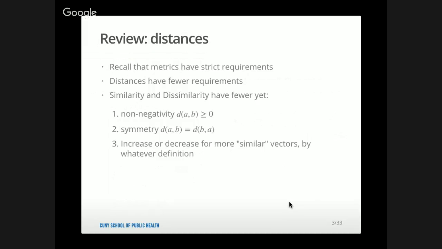The 2 main ones that we often talk about in these classes are Euclidean distance and 1 minus Pearson correlation. Those are very common ones for continuous data, but there are other ones commonly used for qualitative data and for discrete categorical data, such as DNA sequence data.